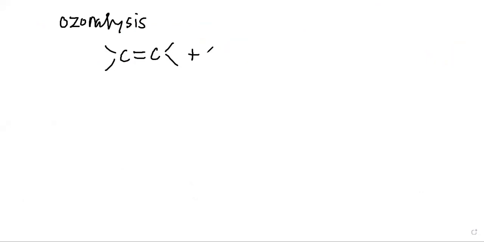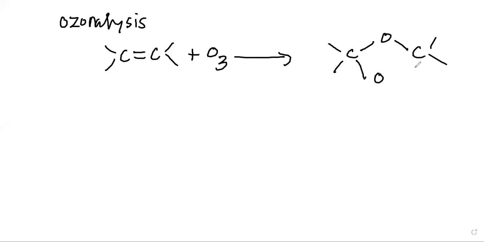Any C double bond C, if it is allowed to react with ozone, first produces a kind of compound which is known as an ozonide. The double bond gets broken, so we have C and another C, and in this position the 3 oxygen atoms are bonded. This is what is known as an ozonide.